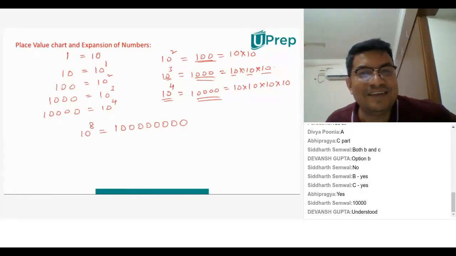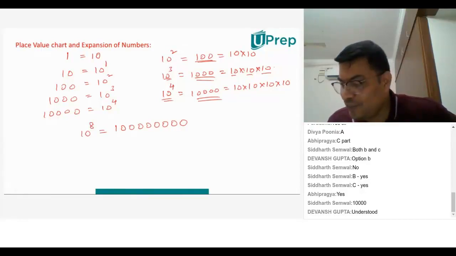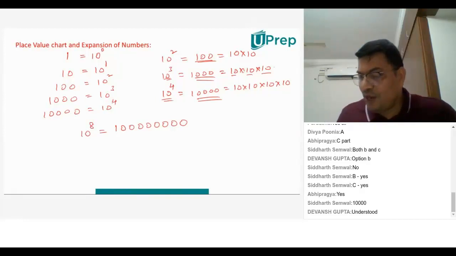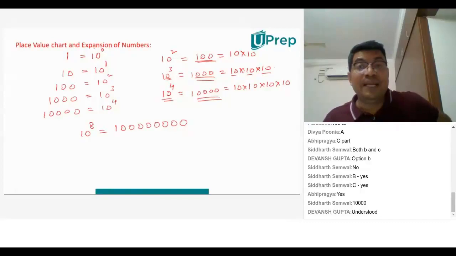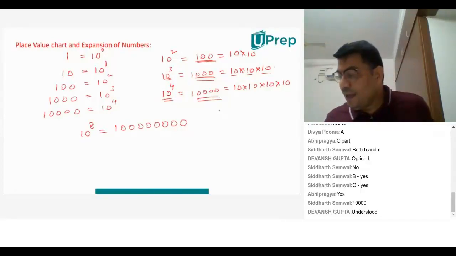Very good. It should be 10 to the power of 0. You can observe the sequence here. This is 4, this is 3, this is 2, this is 1. Therefore, this has to be 0. That's the logic. So, something interesting that you have learned today: anything to the power of 0, 1 to the power of 0, is always 1.